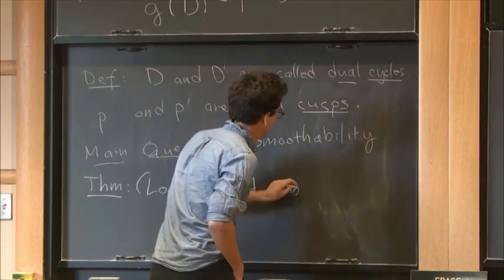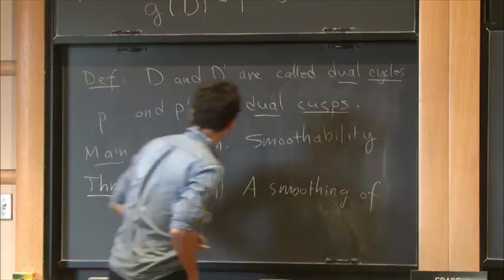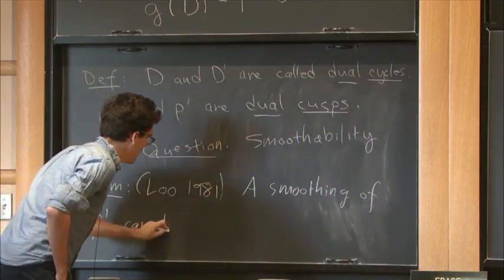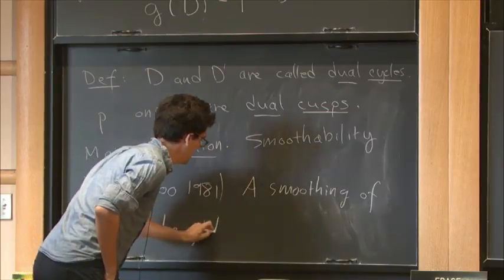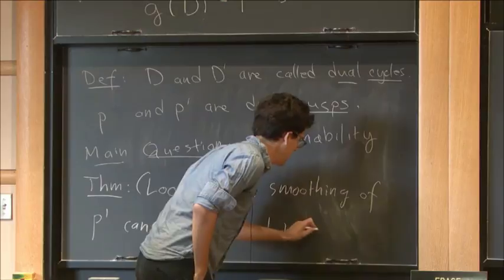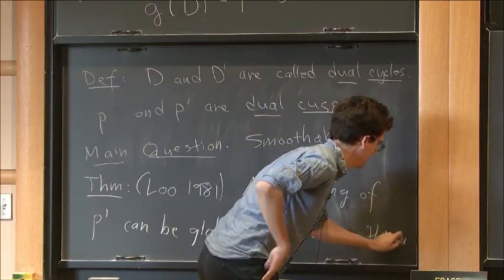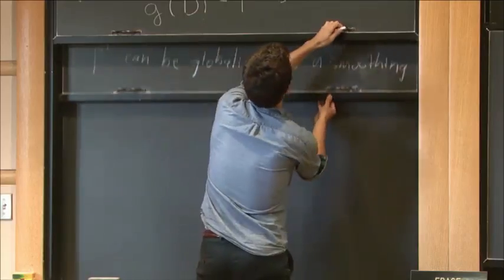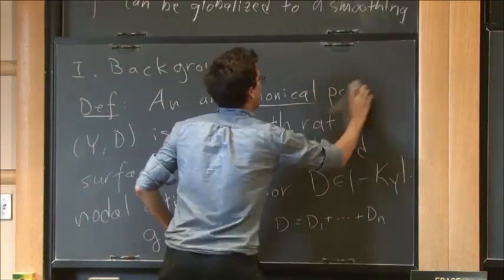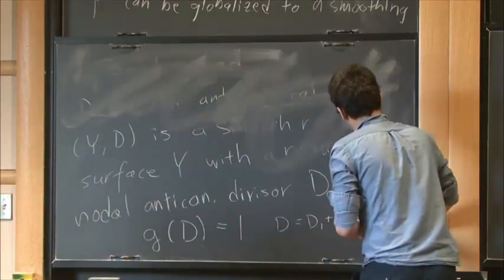A smoothing of the cusp singularity P prime can be globalized to a smoothing of the partially contracted Hirzebruch-Jung surface.